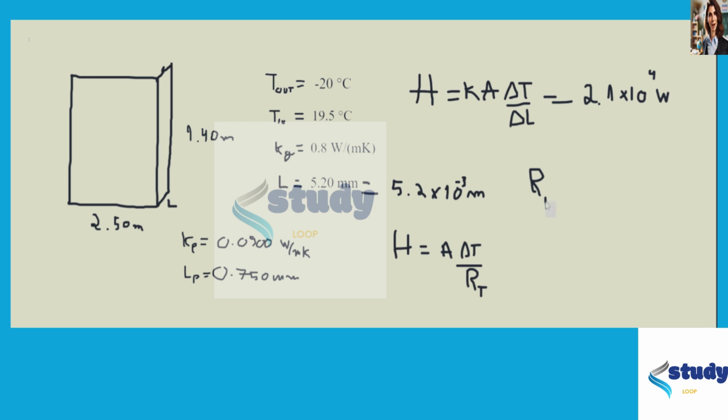So let's write it again. R is equal to delta L divided by the thermal conductivity. So we can calculate this for each one. We have delta L of the glass being 5.2 millimeters and kappa of the glass being 0.8, and the same for the paper.